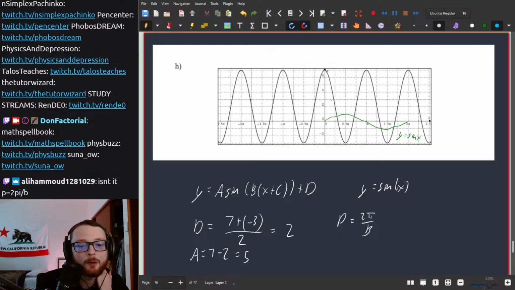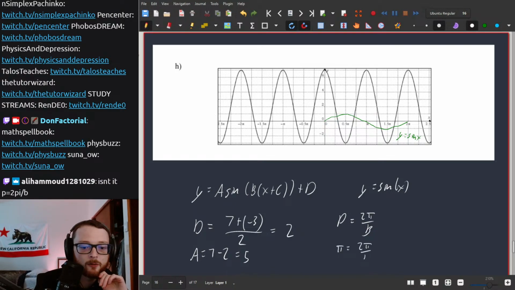And so how we can figure the period out is look for 2 corresponding points and measure their distance. So if I want to take the peak, for example, I can measure the distance from this peak to this peak over here. And that's a distance of pi. So that means our period is pi.